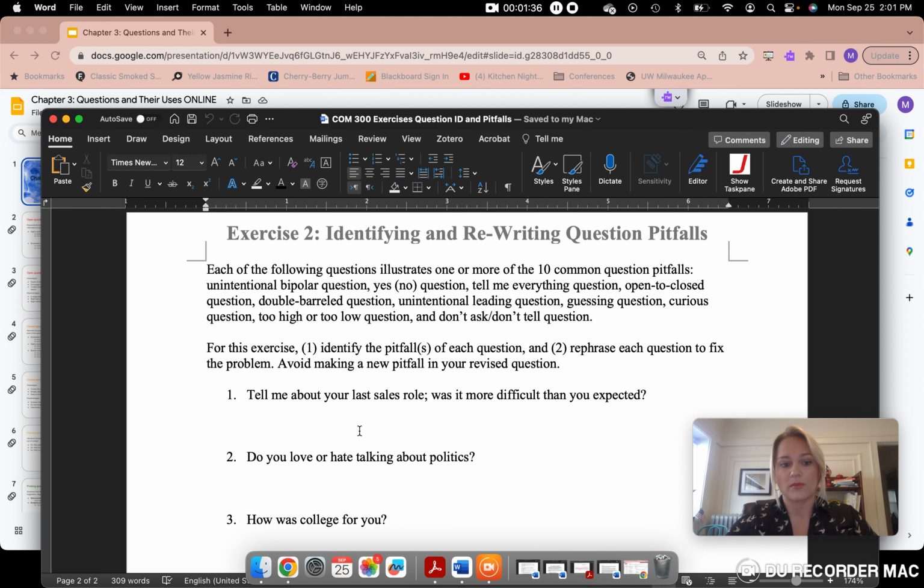First of all, which question pitfall does the question commit? And second, I want you to rewrite the question to eliminate the problem. In other words, you are creating a new, better question that does not commit a question pitfall. A little hint is that each of the 10 question pitfalls is used once for this assignment.